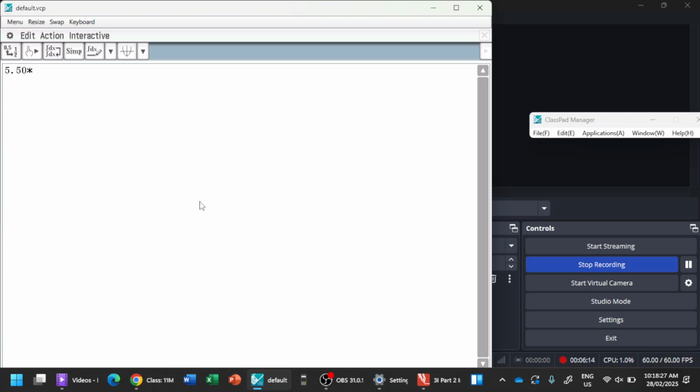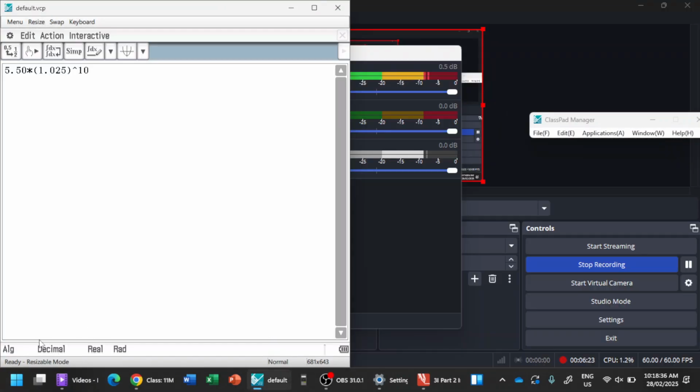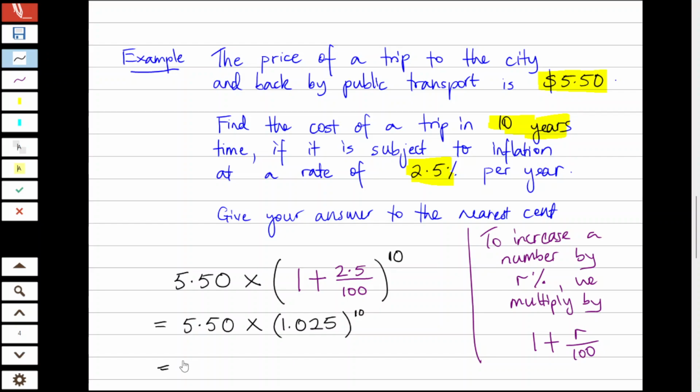So 5.50 times 1.025 to the power of 10. Make sure your calculator is in decimal mode, otherwise it'll give you a really horrible fraction. So our prediction is $7.04.